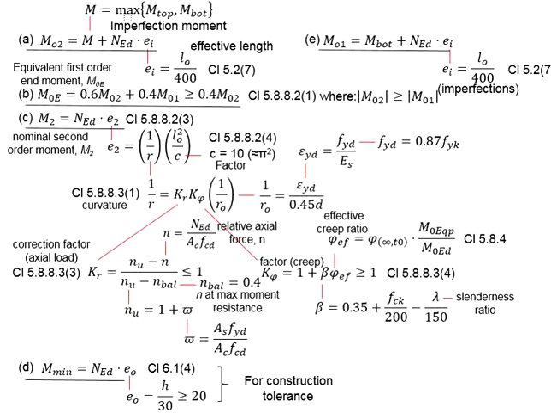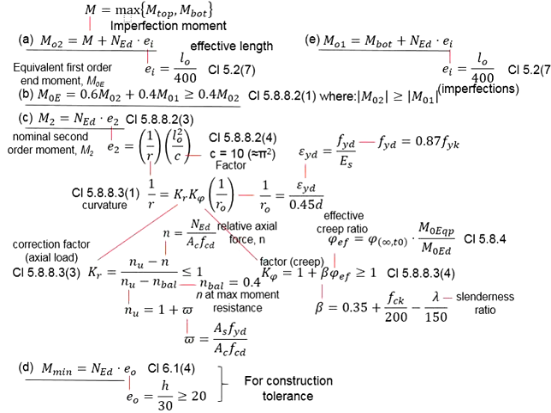Once you have obtained the As, you will substitute the As into the equations and check your KR against what you have assumed previously. If the KR assumed is the same as the calculated, that means the M2 will be the one as per initially assumed, and the MED shall not change.